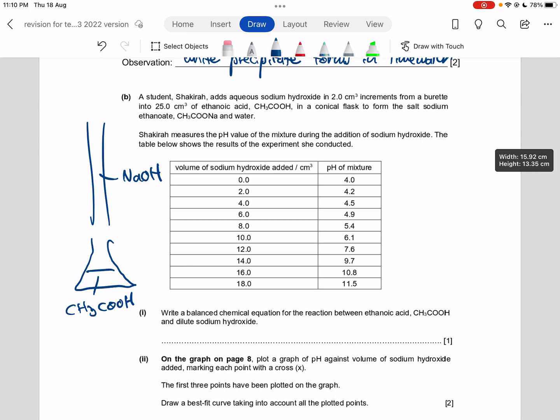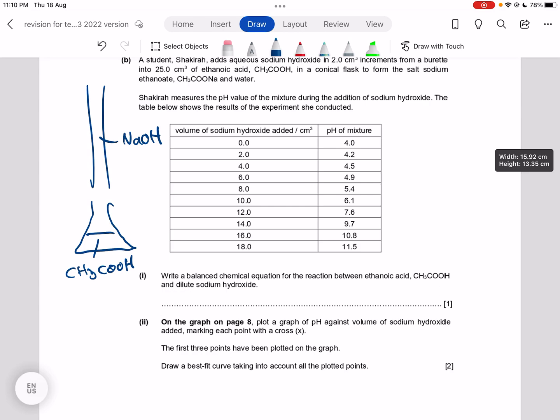So we measure the pH. Okay, this one is a bit tough. The anion is this way, then this is the H plus. So when we write, it is slightly different. You get CH3COONa.